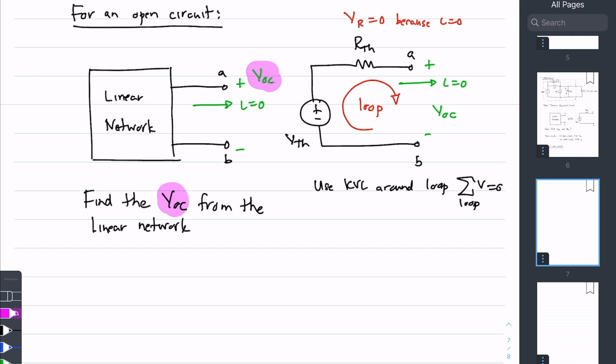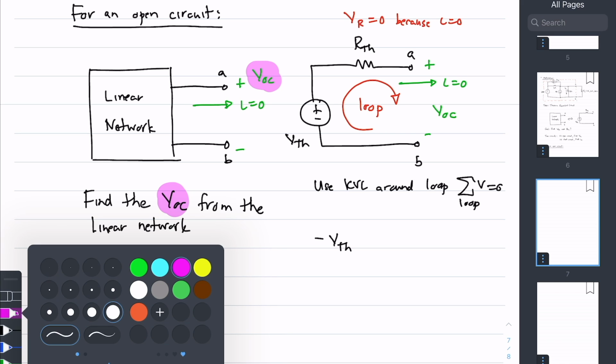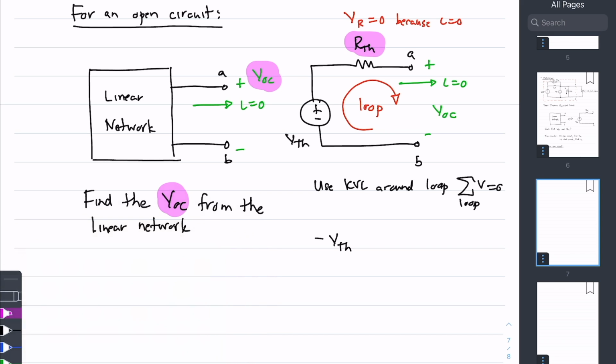If I start over here and move around this way, I first encounter the Thevenin voltage, so into KVL goes minus the Thevenin voltage. I then go through this resistor, but there is no voltage across it because there's no current. And then I go through the external side, and I'm going through positive open circuit voltage.